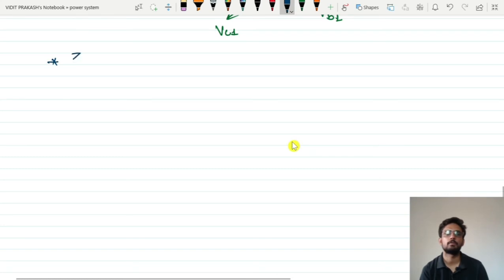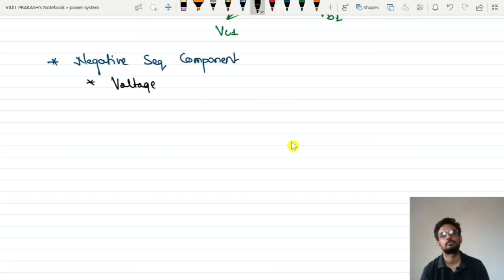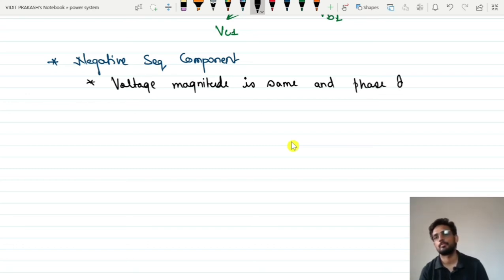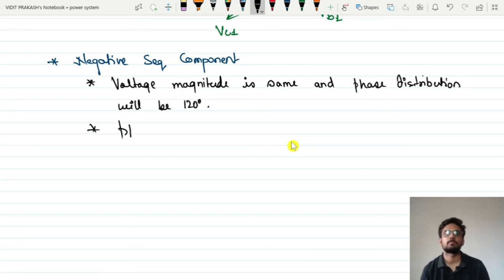Okay, now zero sequence component, sorry, negative sequence component. The voltage magnitude is same for all the three phases and the phase distribution will be 120 degree. Now what about the phase sequence? Here the phase sequence will get reversed.